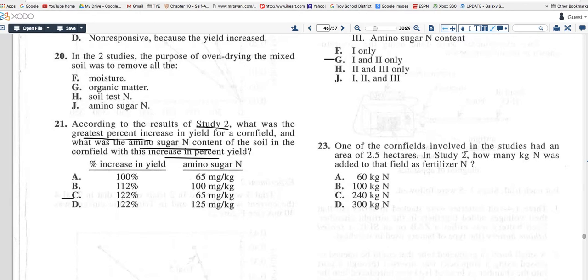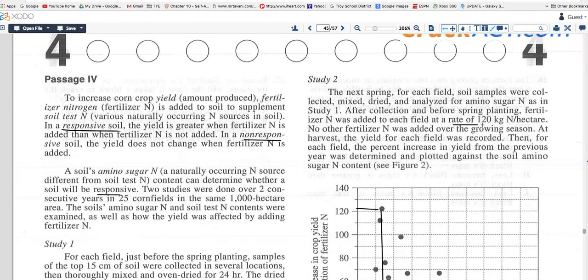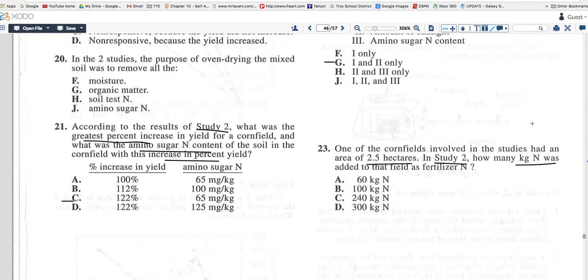So you go to study 2, and first of all, what am I underlining? 2.5 hectares, study 2, kg of fertilizer N. You see the fertilizer N was added at a rate of 122 kg.